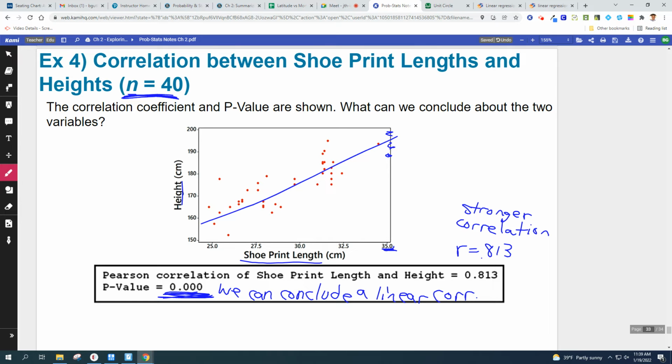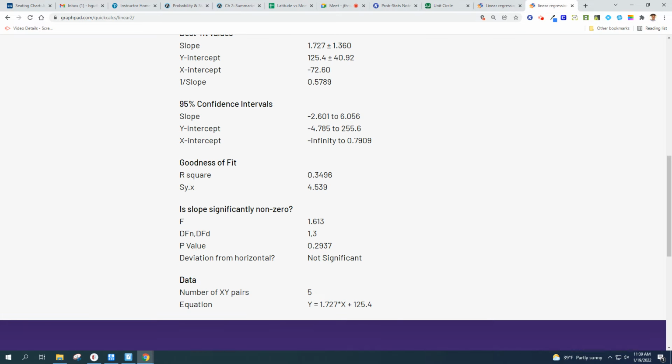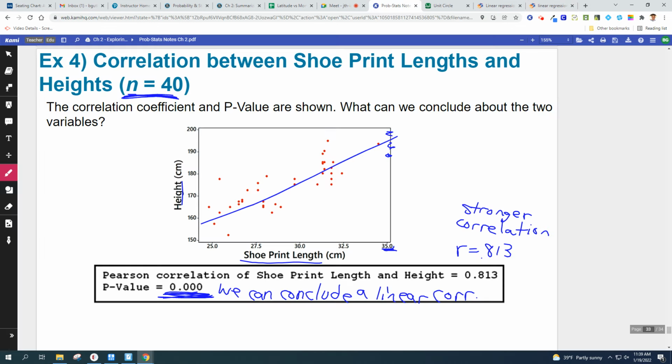That equation looks like 1.727x plus 125. That would be the actual equation of the best fit line through those dots.